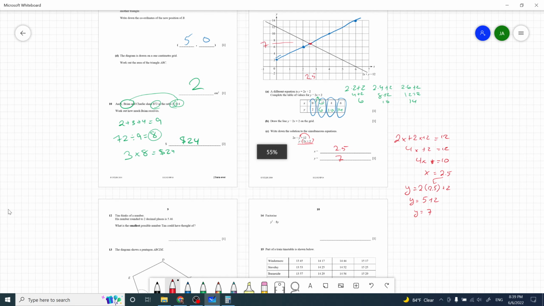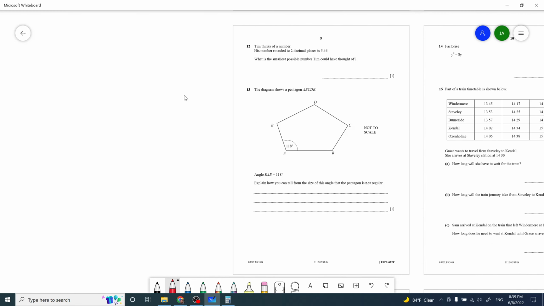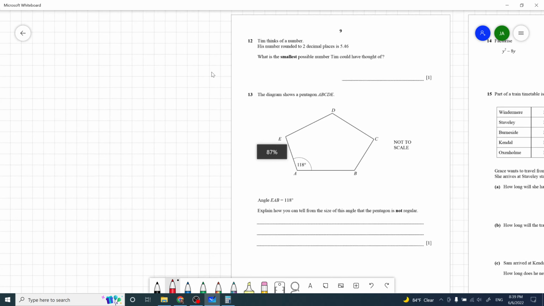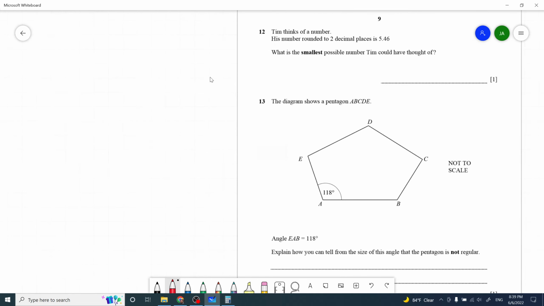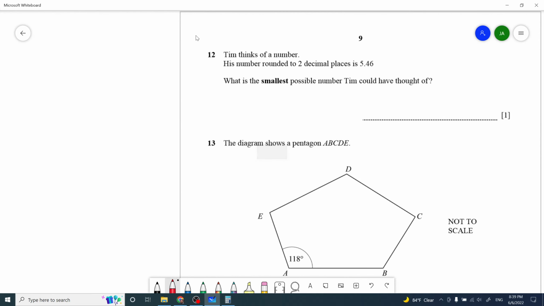Okay, so moving on. Tim thinks of a number, and his number rounded to 2 decimal places is 5.46. What is the smallest possible number Tim could have thought of? Well, this could be rounded up from something. If he rounded up from something, that means we're going to have a third decimal place.